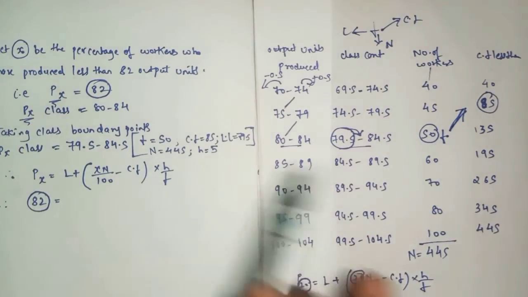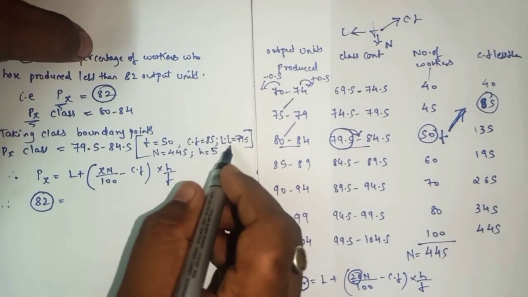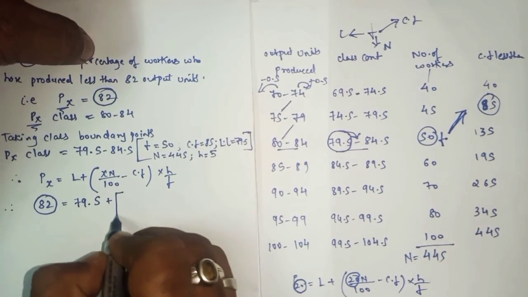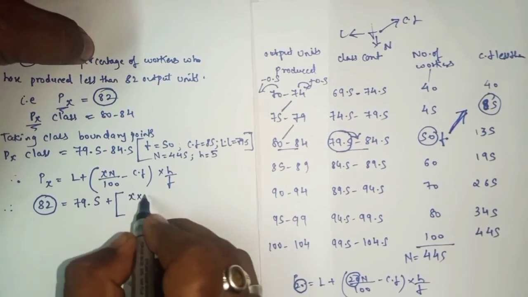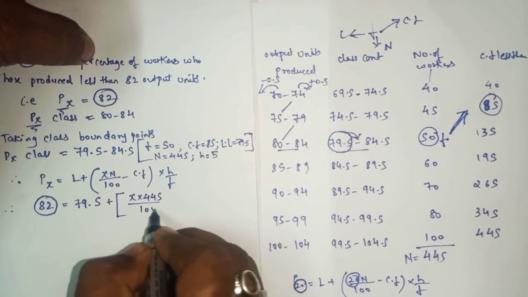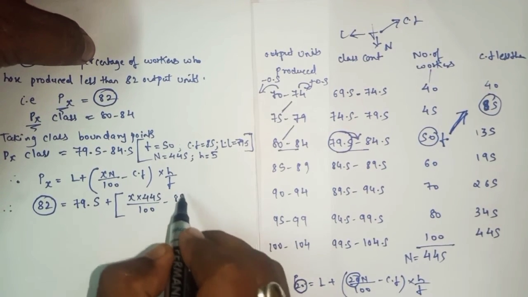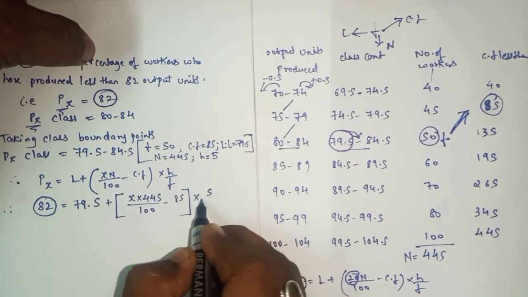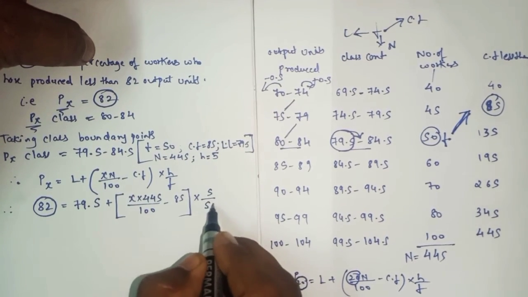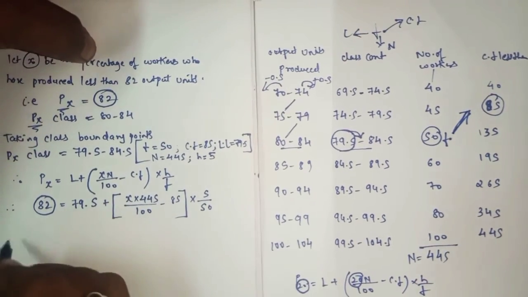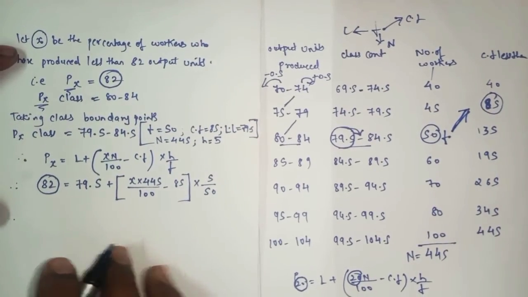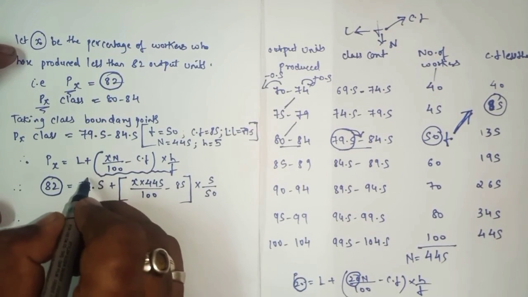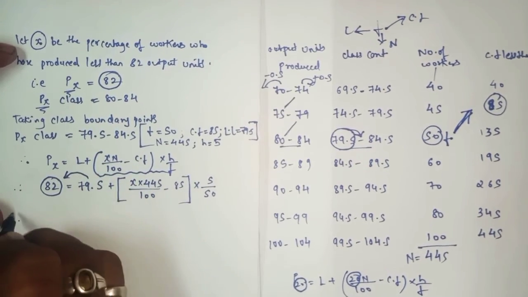Rest I got all the values, I guess: F, CF, L, and N. So L is 79.5 plus X will be the same, N is 445 upon 100 minus CF, 85, into H, which is 5, upon F, which is 50. Now we can bring this 79.5 to the left-hand side.